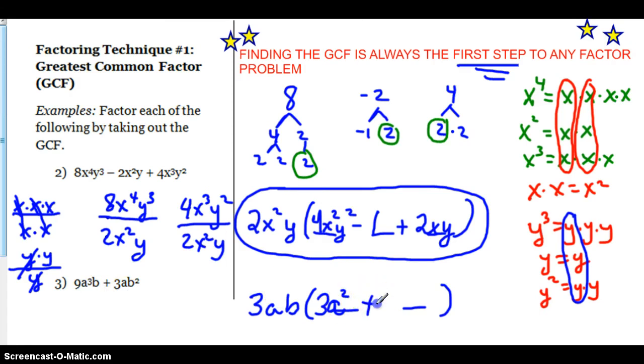Lastly, we do the second one, and we think of the numbers. 1 times 3 is 3, so we don't need a number. And then a times 1 is a, but we do need a b. So b times b is b squared. So our greatest common factor is 3ab, and for us to factor it out, we'd have 3ab times 3a squared plus b.